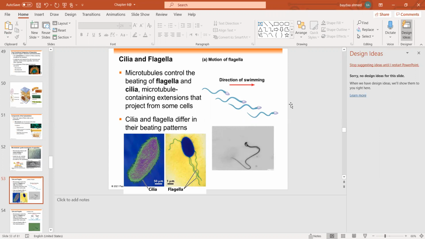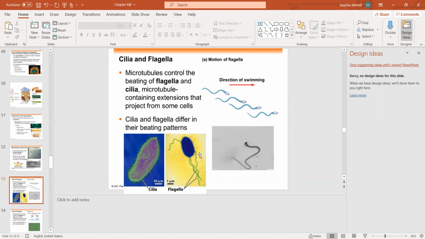Motile cilia usually occur in large numbers. Here, the green cilia cover the body of Paramecium. They occur in large numbers on the cell surface, and flagella are usually limited to just one or a few per cell, and they are longer than cilia.